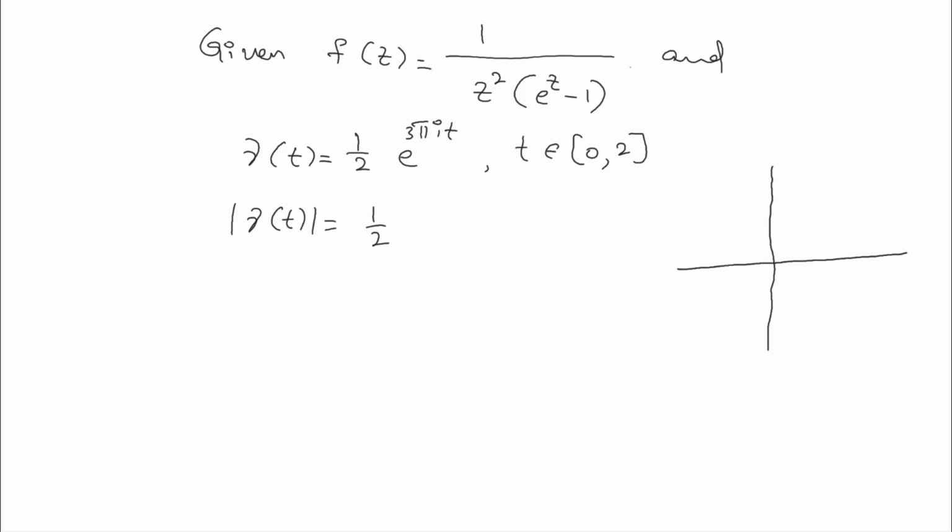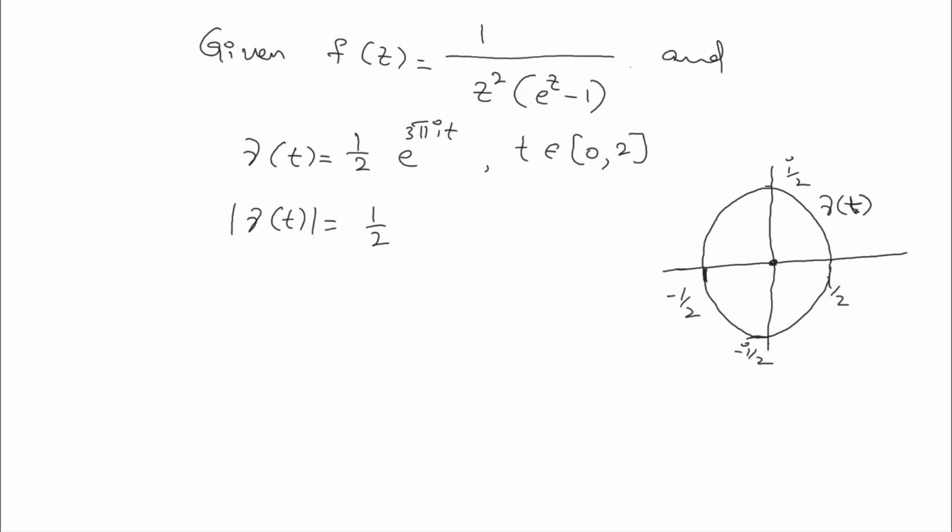When we take this as the complex plane, with the point half here approximately, and this is minus half, and this is i by 2, and minus i divided by 2 approximately, then the curve gamma of t is nothing but the circle with center 0 and radius half. This is gamma.